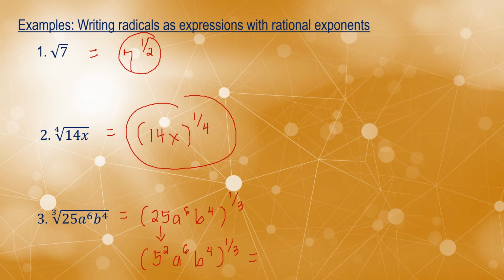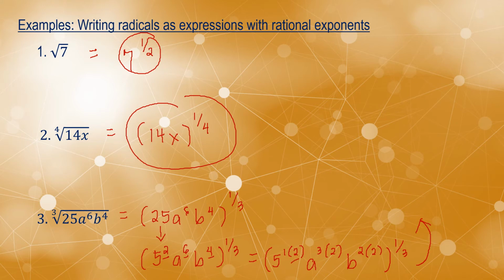The given exponents, 2, 6, and 4, are all divisible by 2. So we will bring out the exponent 2 and multiply it to the outside exponent, which is 1/3. So we have 5 raised to 1 times 2, a raised to 3 times 2, and then b raised to 2 times 2, multiplied by 1/3. Next.